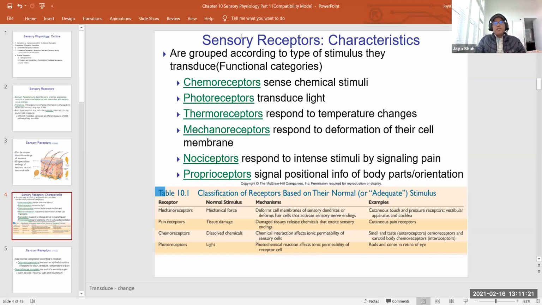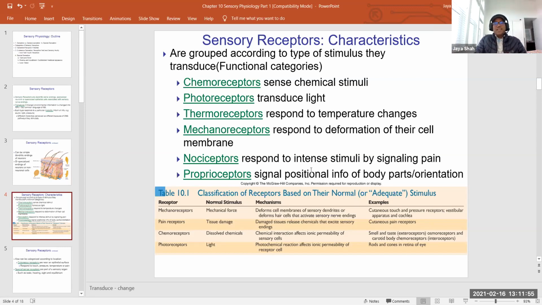The functional categories of receptors are chemoreceptors, which sense chemical stimuli; photoreceptors, which transduce light; thermoreceptors, thermo meaning temperature, which respond to temperature change; and mechanoreceptors, which respond to deformation of their cell membrane. So when you press your skin, some of the epithelial cells' plasma membranes are deformed, and that creates the action potential.